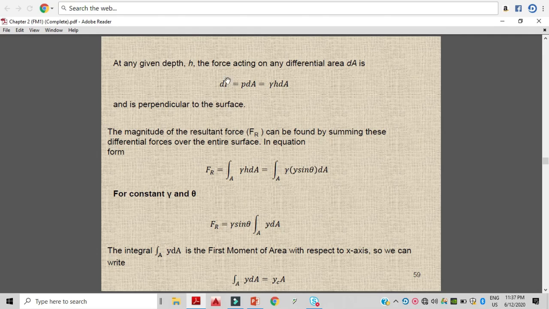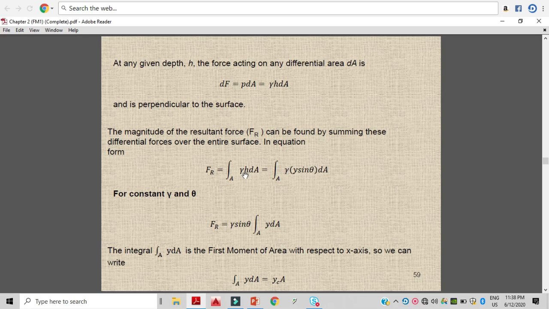The magnitude of the net resultant force can be found by summing these differential forces over the entire surface. In equation form, taking the integration on both sides, Fr will be equal to the integral over the entire area A of gamma h dA. Since it is a function of area, and area is defined by x and y, we are going to replace h with the x and y dimensions.